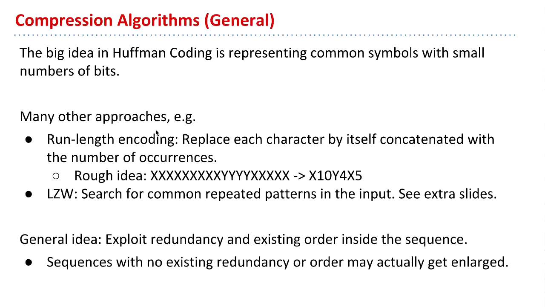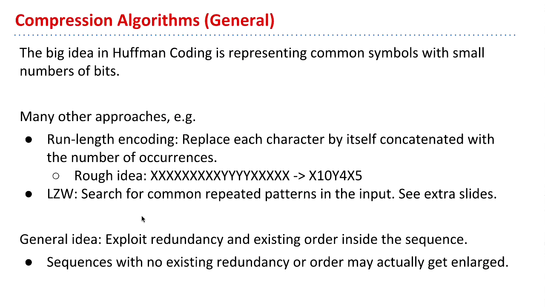So there's one called run length encoding, where you replace each character by itself concatenated with a number of occurrences. So for example, if I have x, x, x, x, x, x, x, x, x, x, I will do x10 instead. Y, y, y, y becomes y4, and so forth. That's an alternate approach. There's a third approach called LZW, which I alluded to a moment ago, and that's in the extra slides, that looks for common patterns, like that HEF appears lots of times.